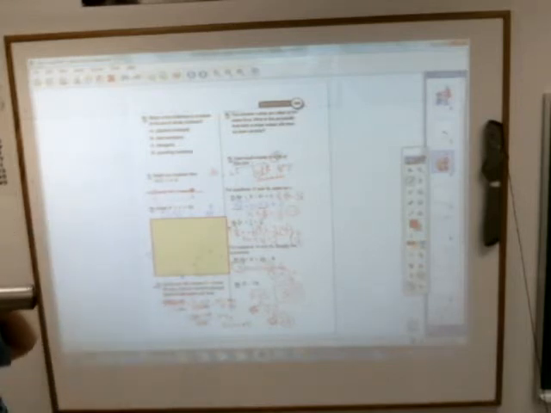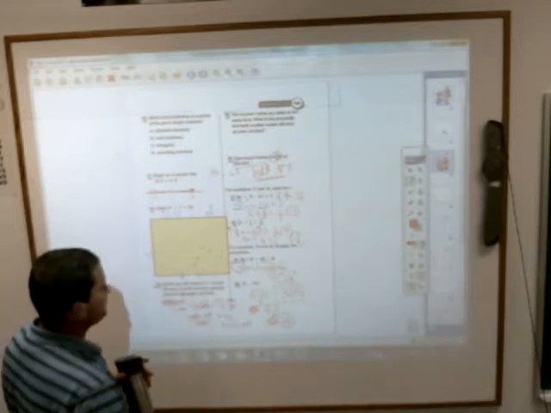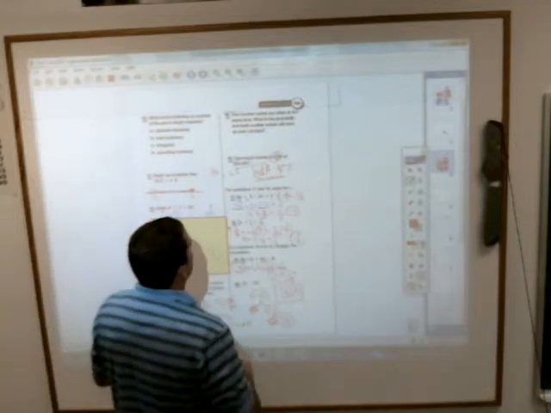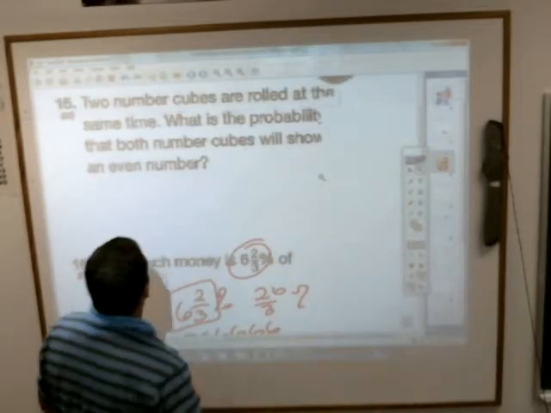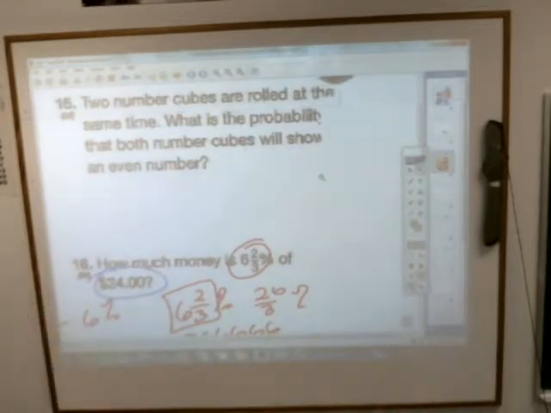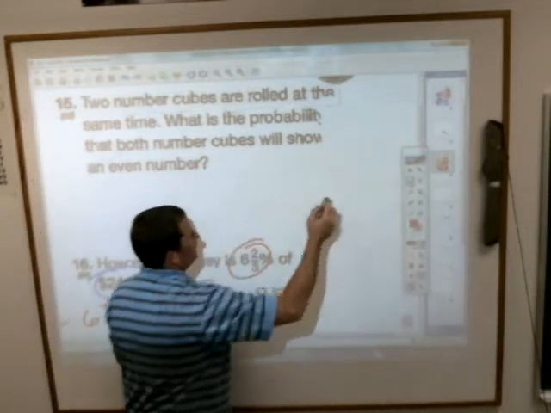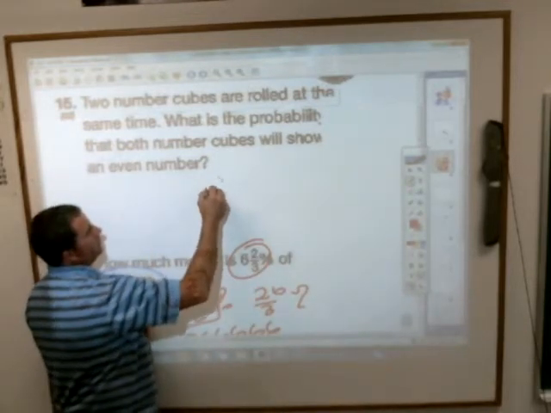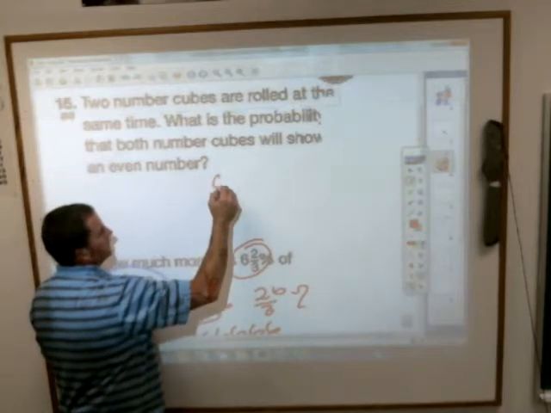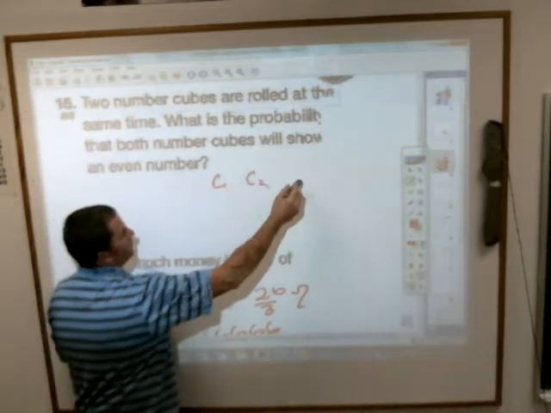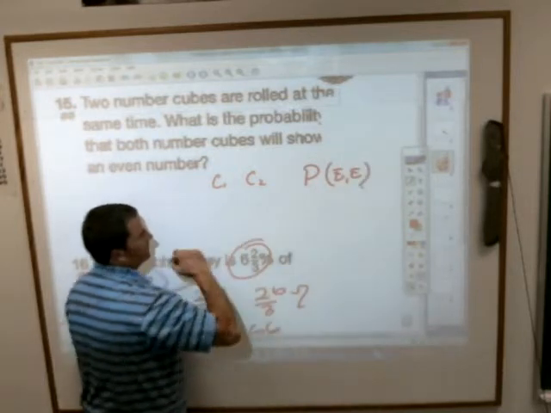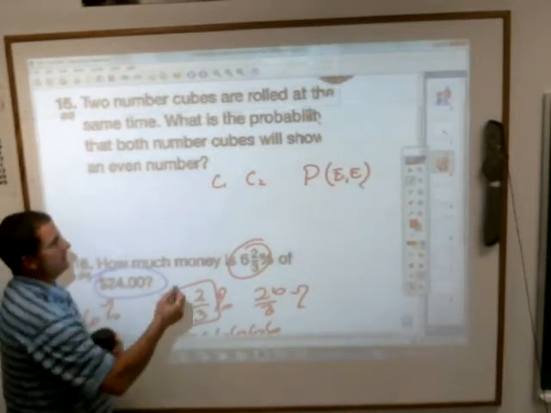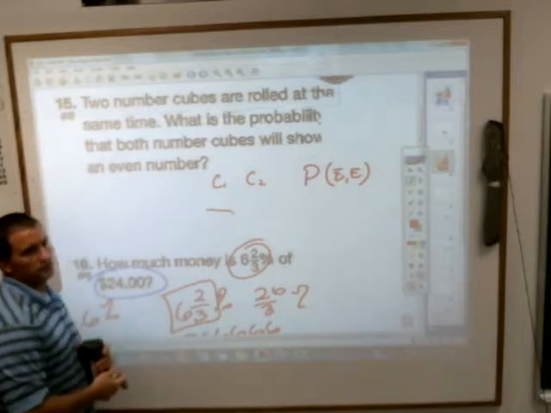Jackson? We'll do number 15. 2 number cubes are rolled at the same time, what's the probability that both number cubes will show an even number? You've got cube number 1 and cube number 2, and you're looking for 2 even numbers. So you have to take the probability of rolling an even number on the first one.